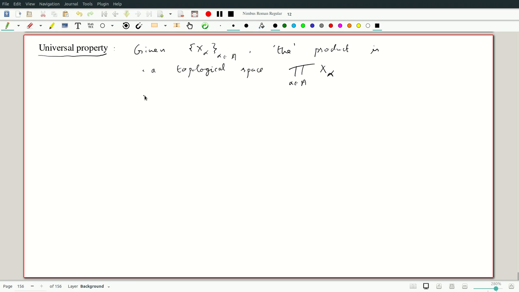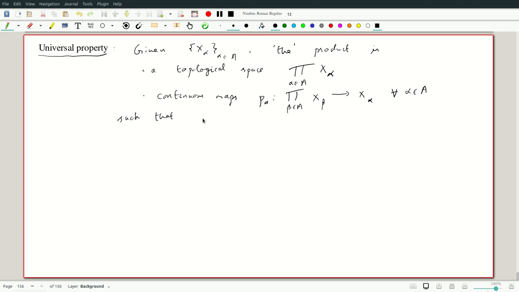It's just some topological space. Continuous maps P beta, which map the product to X beta, for all beta in A. So we have projection maps from this product such that something happens.